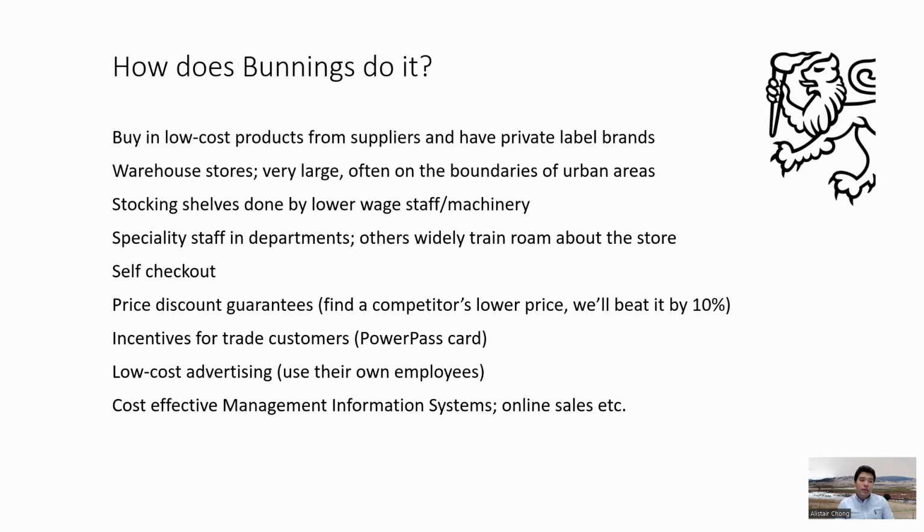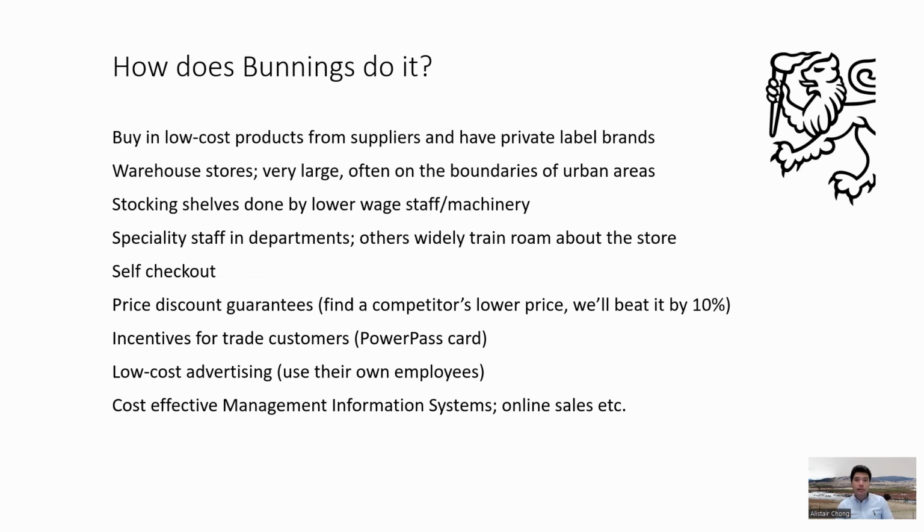Stocking shelves is often done by lower wage staff, as well as machinery, and specialty staff are in departments. And although there are specialty staff, they sit in departments and don't really move, whereas the other staff are fairly widely trained and roam about the store.